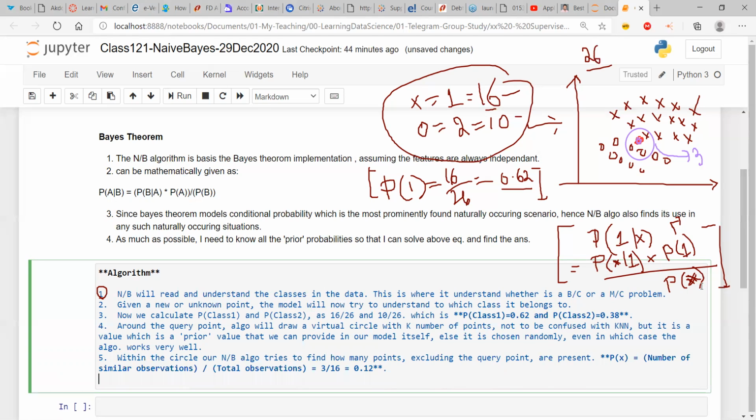Now I have P of 1, I have P of x. Now I need to calculate P of x given 1. If I want to calculate that, how can I do it? I again look inside the circle.